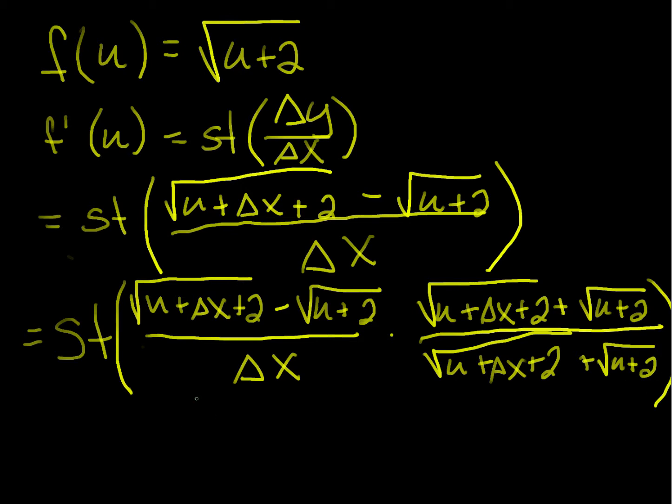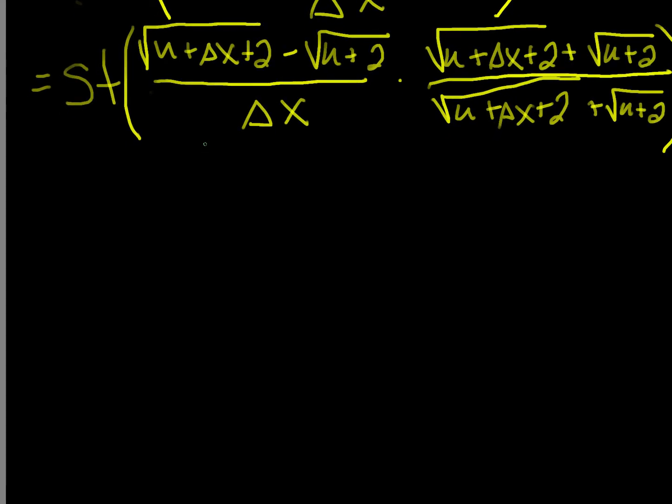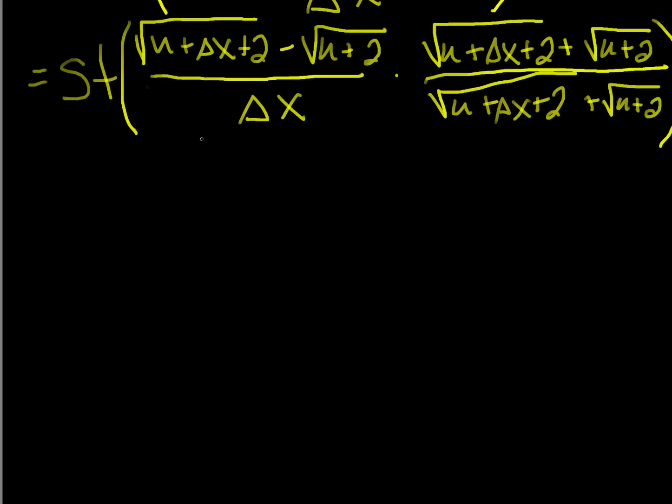So multiplying this out, we get that this is equal to the standard part. A nice thing about conjugates is this is a difference of squares, so the radicals go away.